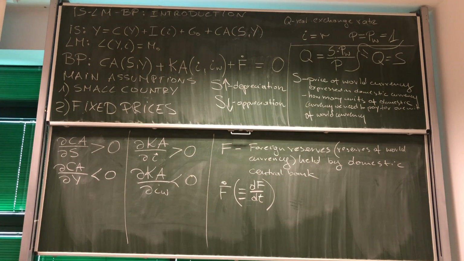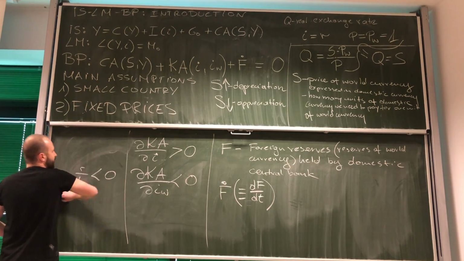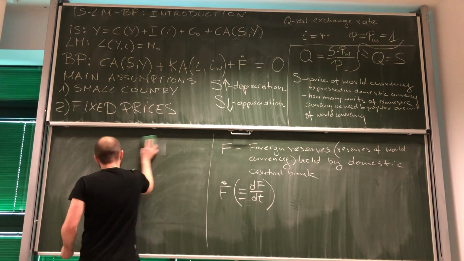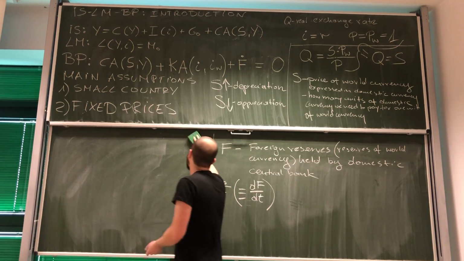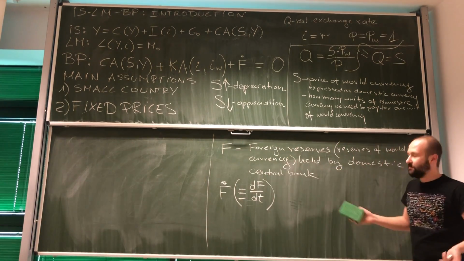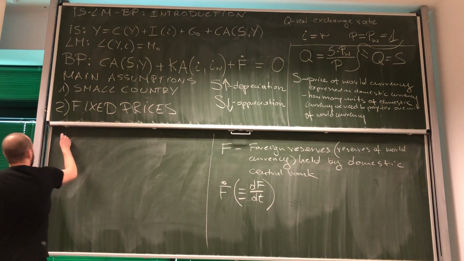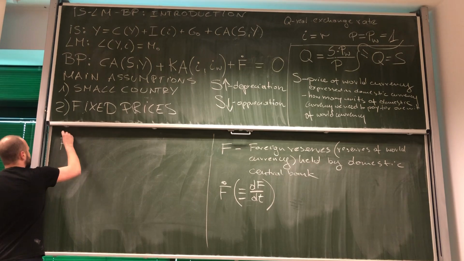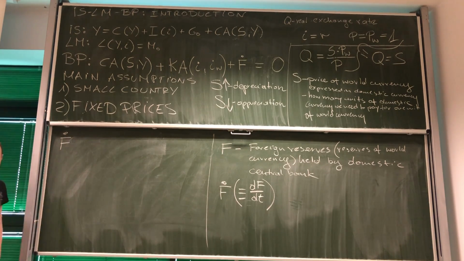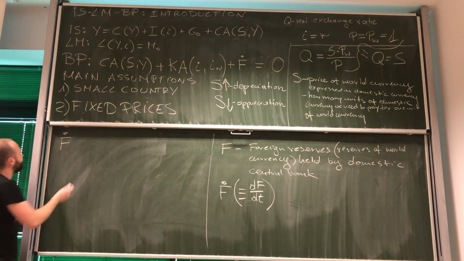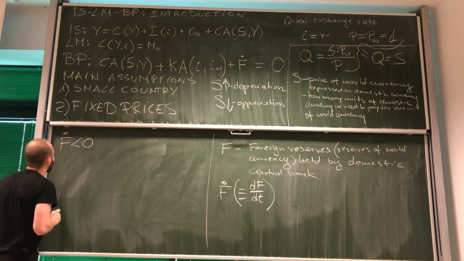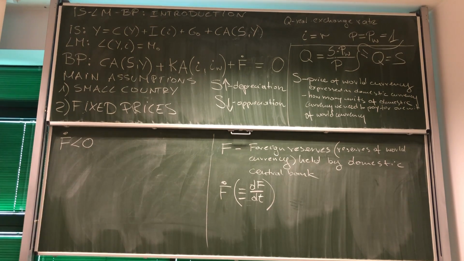Okay, and let's consider two possibilities. Because the third one is that F is 0, but it can be F with a dot. So what if we've got first F with a dot lower than 0?